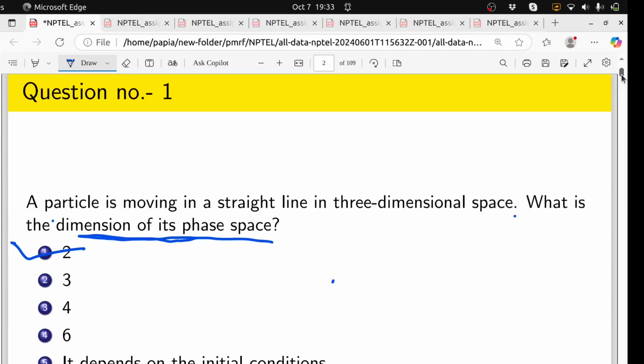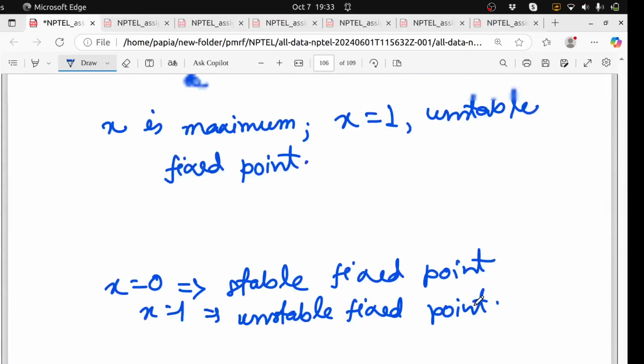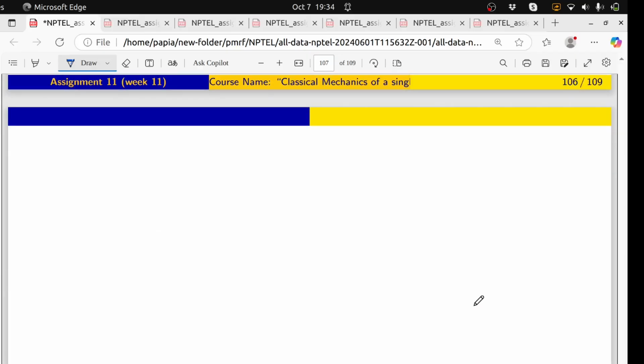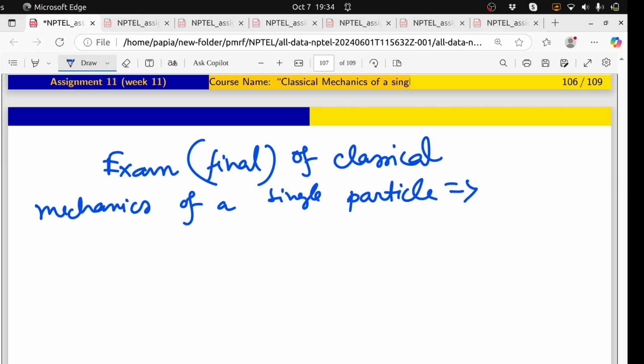Okay, before going to the questions again, I just want to mention one thing: the final exam of classical mechanics of a single particle will be a computer based exam.